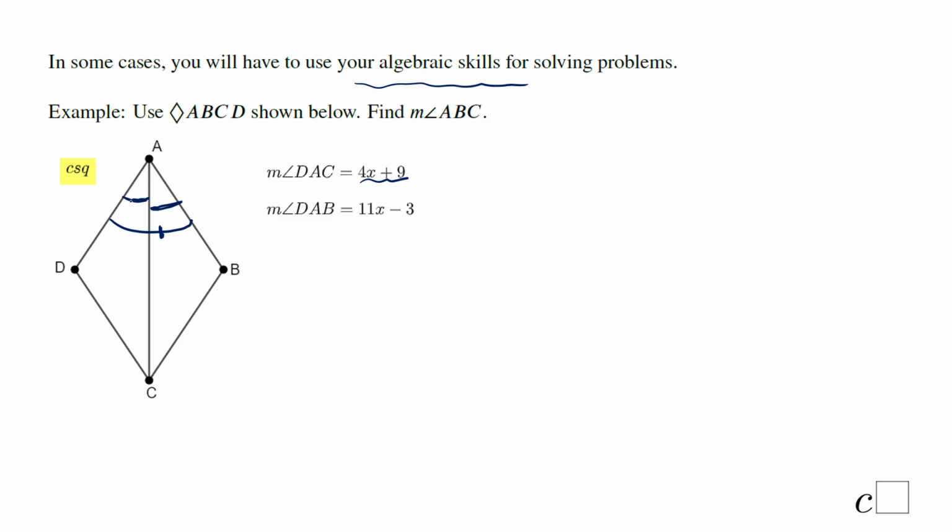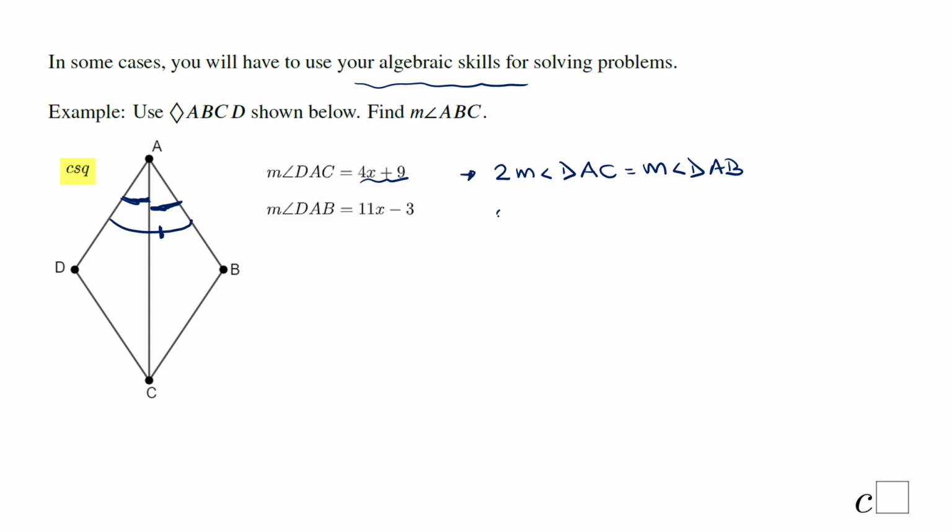I hope that helps you see that 2 times the measure of angle DAC is the measure of angle DAB. If we add these two angles, we get the big angle, and these two angles are the same. That's the reason we can write this statement.